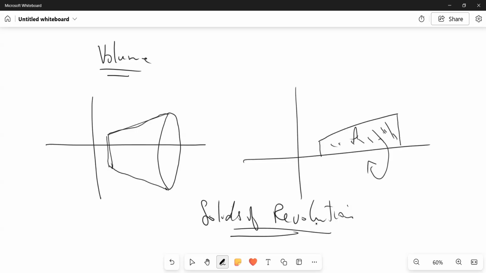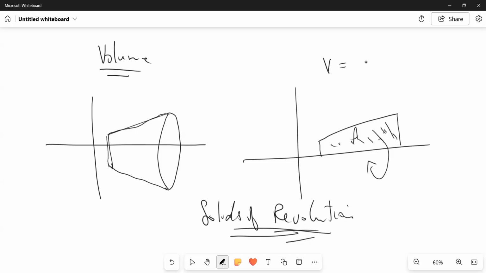Let me not use the word rotate, use the word revolve. The textbook does use the word rotate too. Around the x-axis, this area is going to actually create a solid like this here. And you can actually calculate the volume of that solid that is generated. And that volume, you can write it like this.